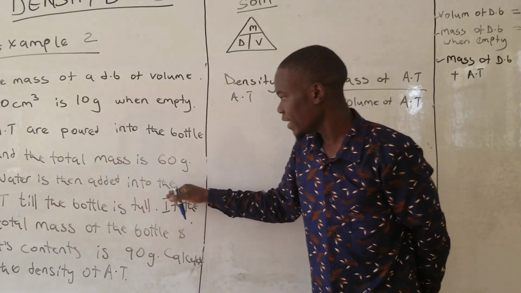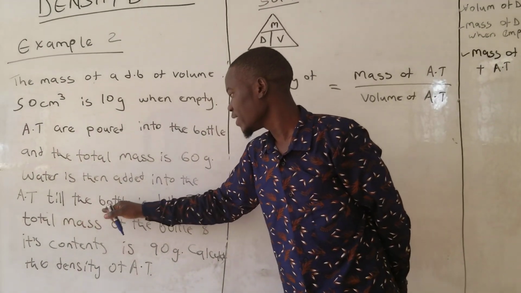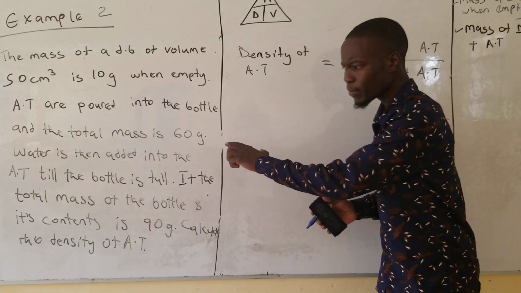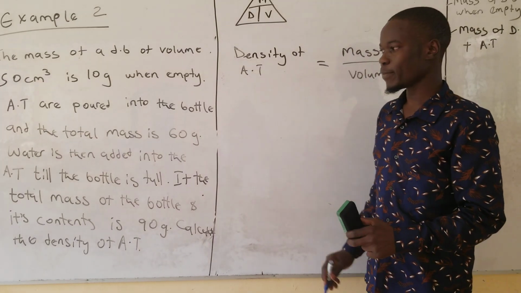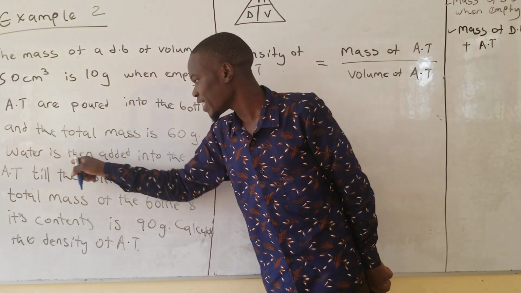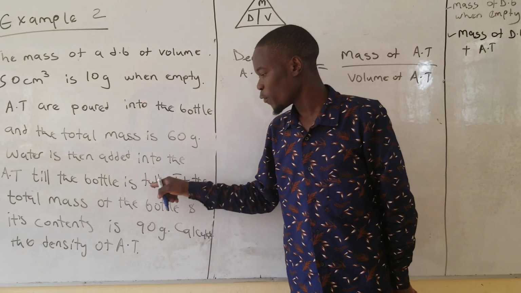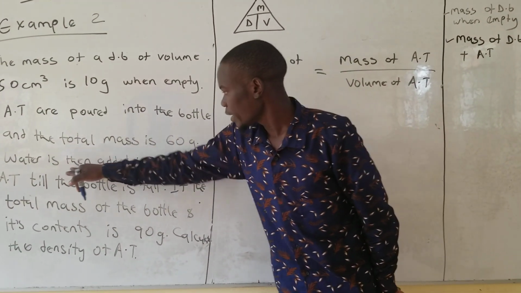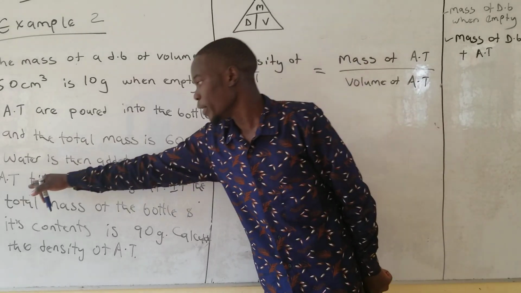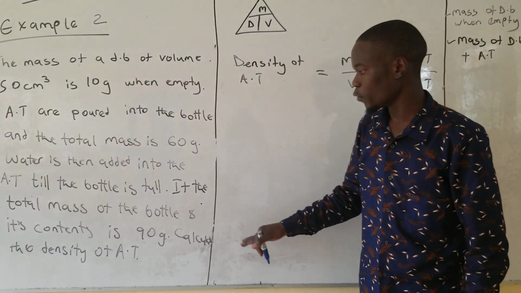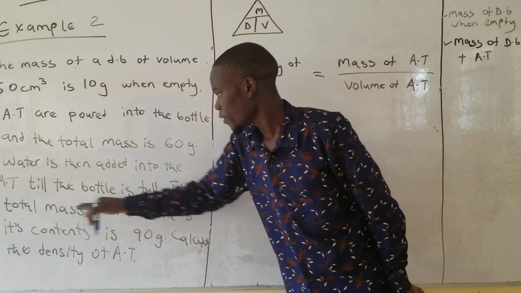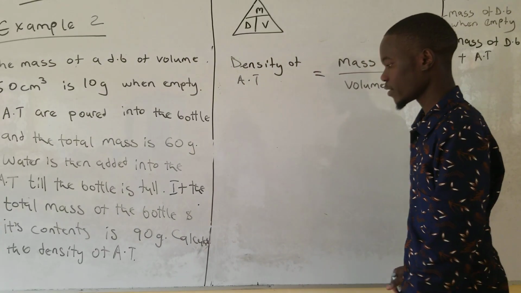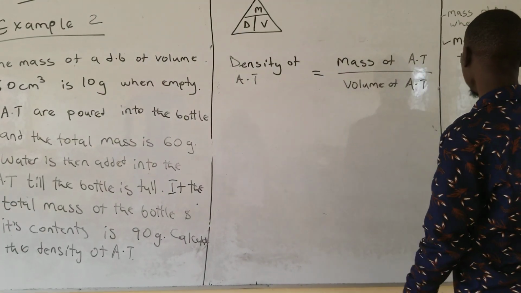Water is then added into the aluminium tannings till the bottle is full. From this statement, we realize that the aluminium tannings did not fill the density bottle, and that is the reason why water is now being added to fill the remaining part. If the total mass of the bottle and its content is 90 grams, calculate the density of aluminium tannings.